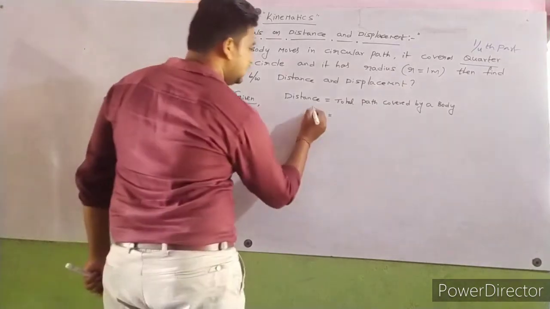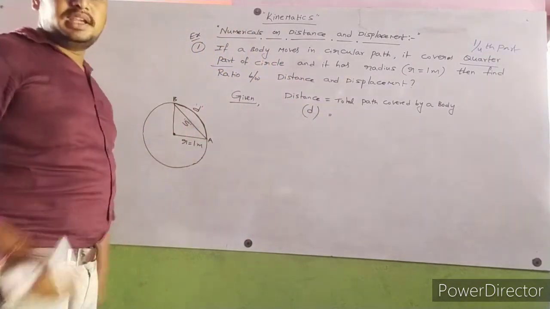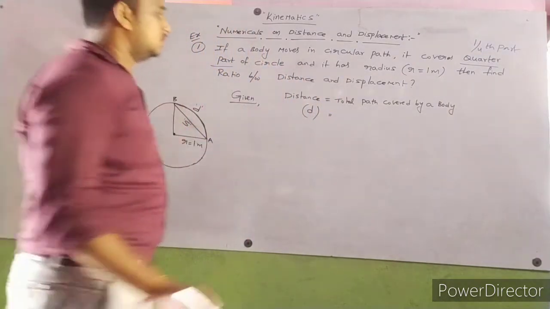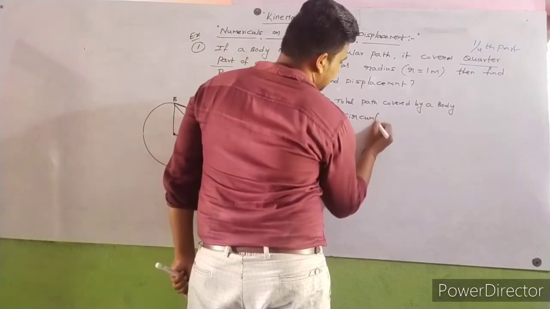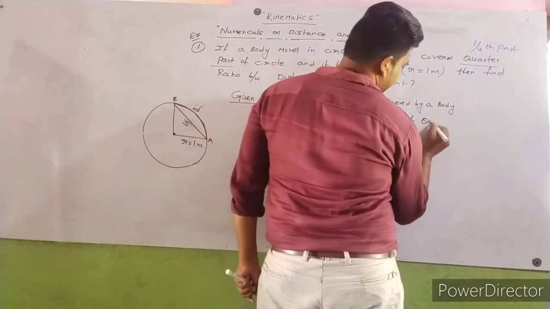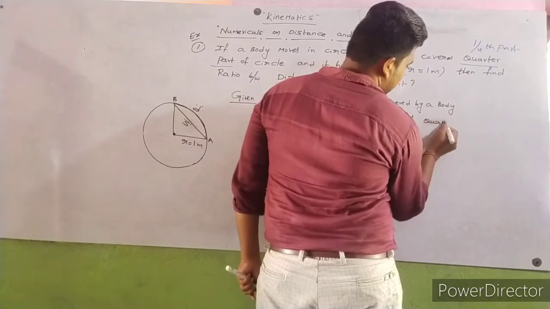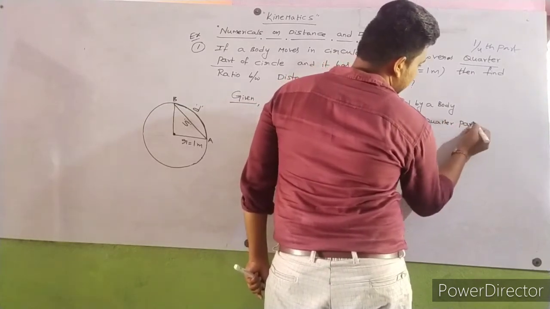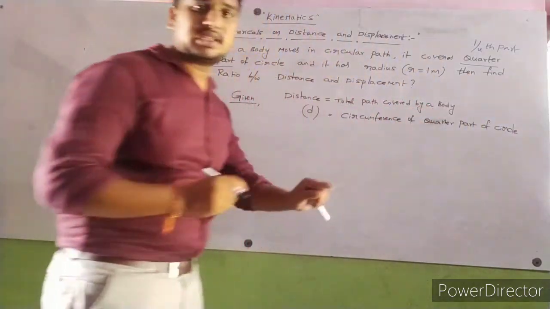So distance d is equal to the total path covered. From A to B, the path covered is equal to the circumference of a quarter circle, 1 by 4th of the circle, because the body covers a quarter part only.